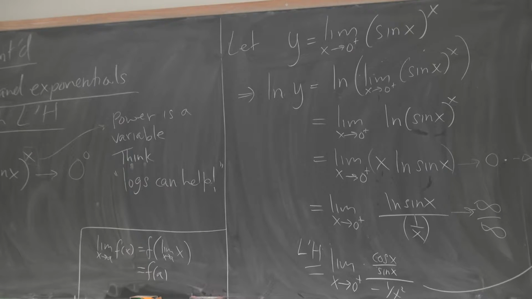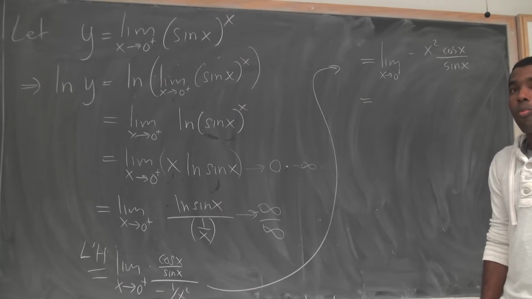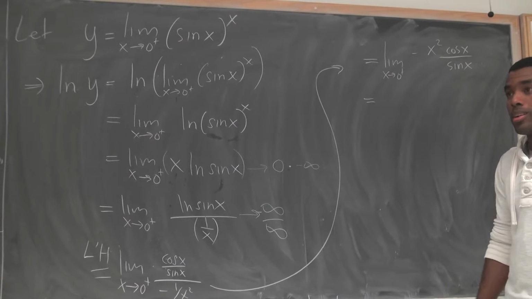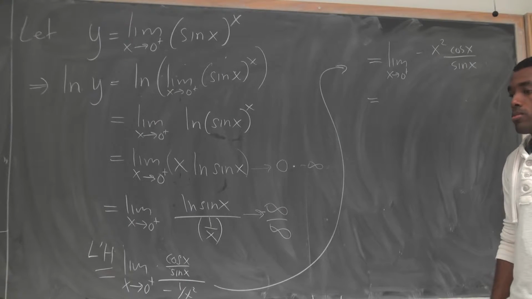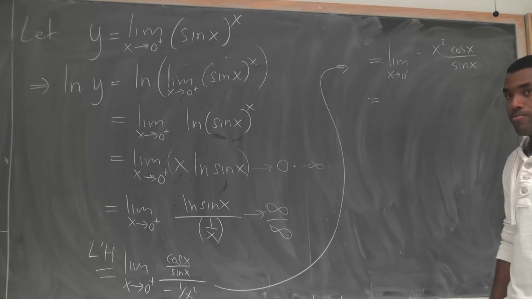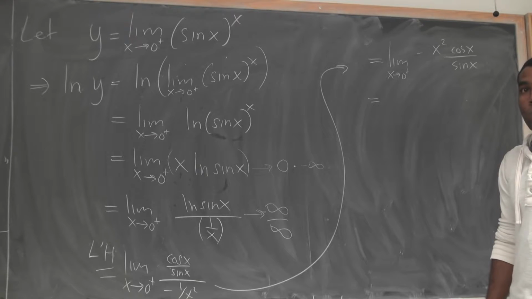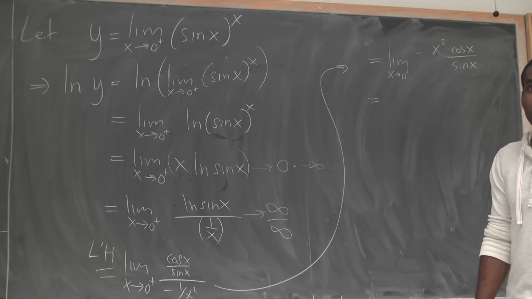You don't need L'Hopital's again. I could write cotangent, it wouldn't make much of a difference though. It's actually better to leave it this way. Remember those special trig limits? We talked about them last time.